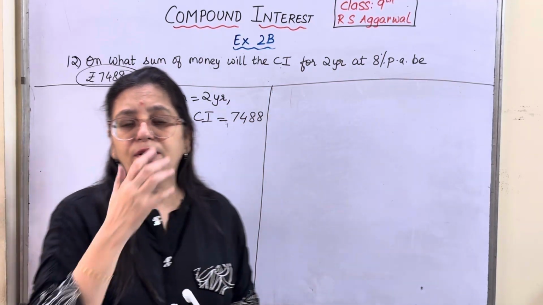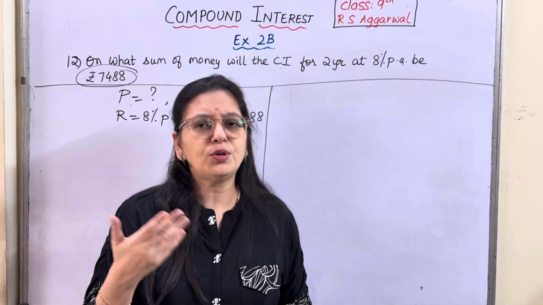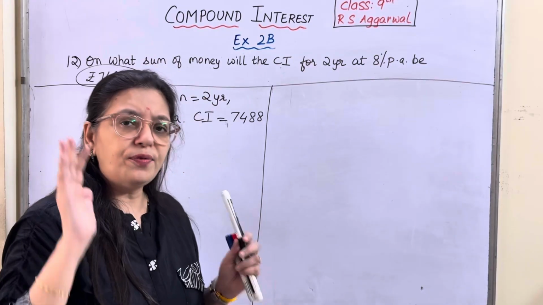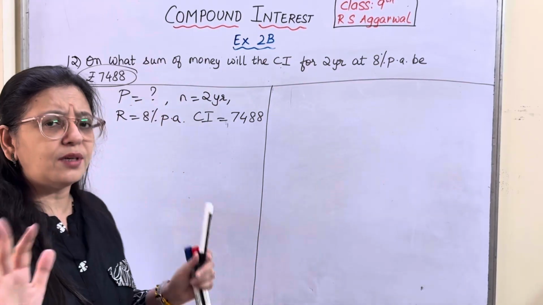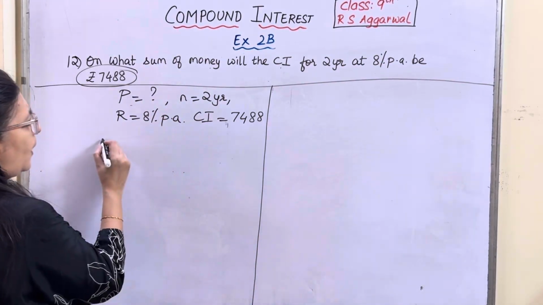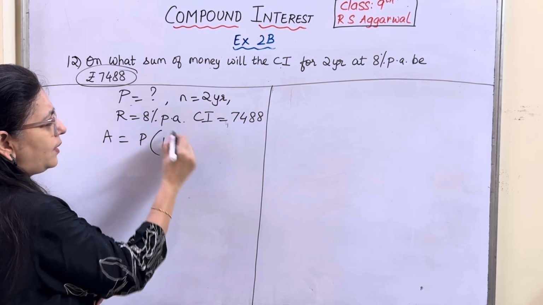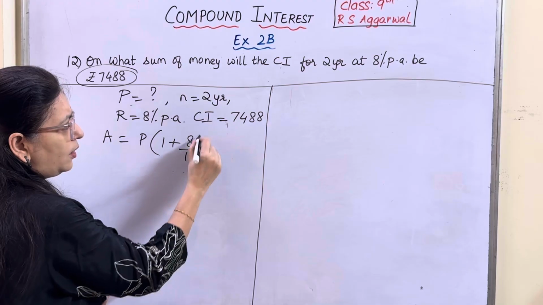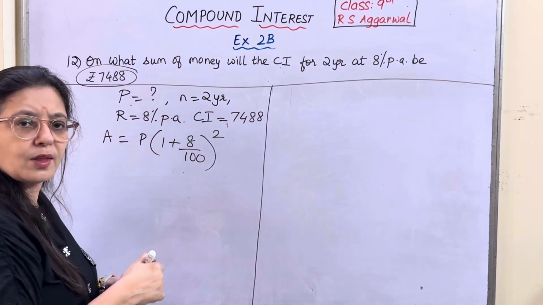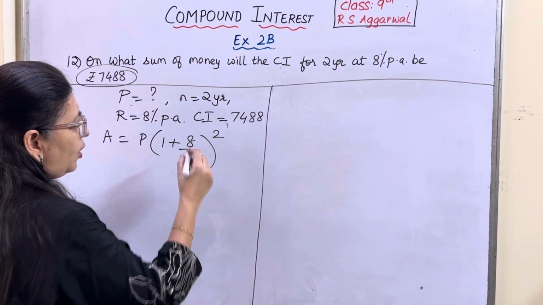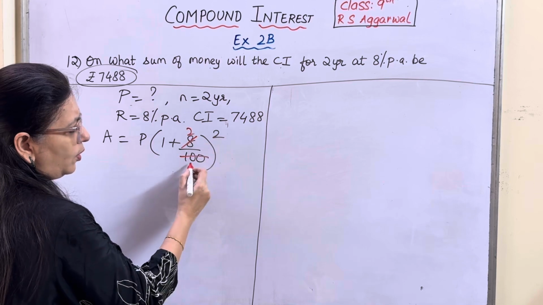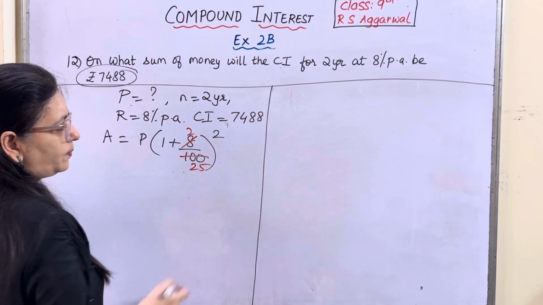What is the formula to find compound interest? It is amount minus principal. So first we'll find the amount by whatever information is given to us. Amount is P, which you need to find, into 1 plus rate raised to n is 2. Now reduce it. 4 2s are 4, 25s are.